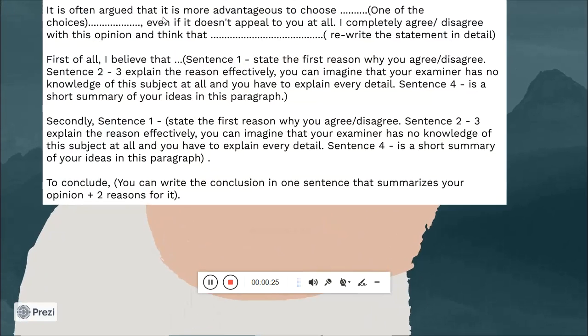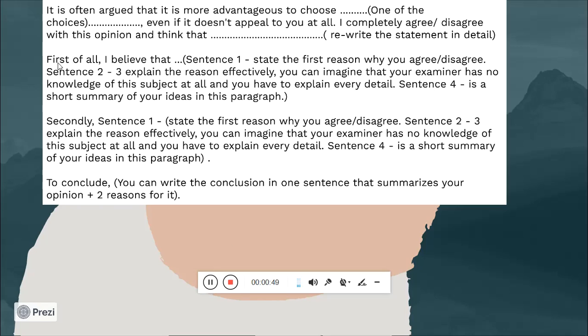It is often argued that it is more advantageous to choose one of the choices, then you can complete even if it doesn't appeal to you at all. I completely agree or disagree with this opinion and think that, and you may rewrite the statement. So you rewrite the statement in detail.